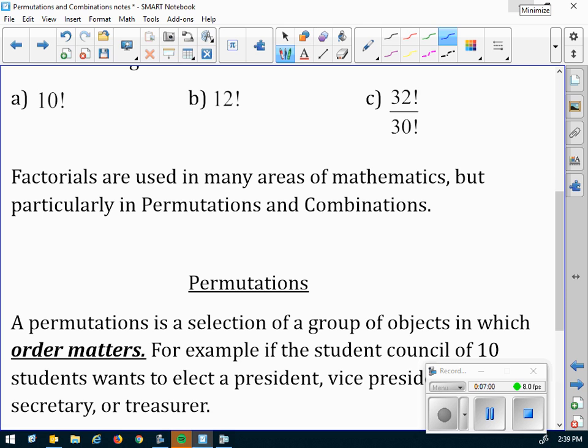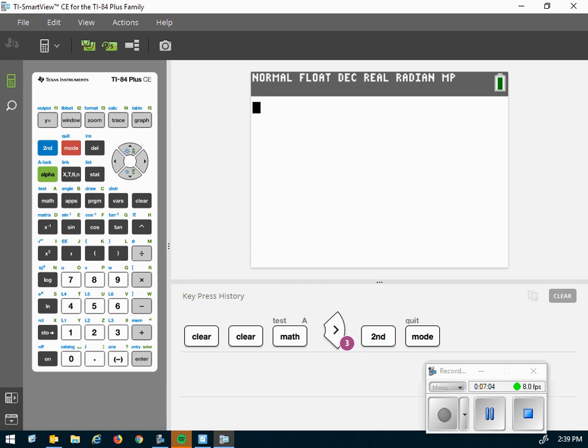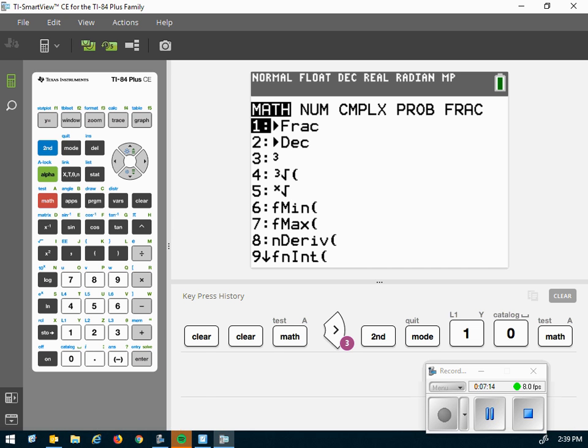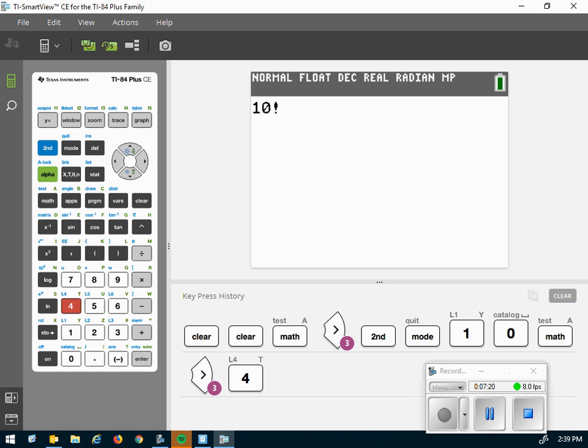What we're going to do on our calculator: quit, go back to a clean screen. You're going to type in your 10, and then you're going to go get that factorial. Math, option 4, hit enter. There it is.